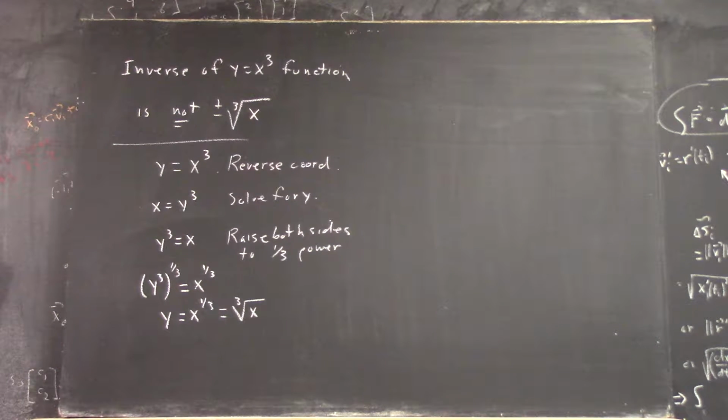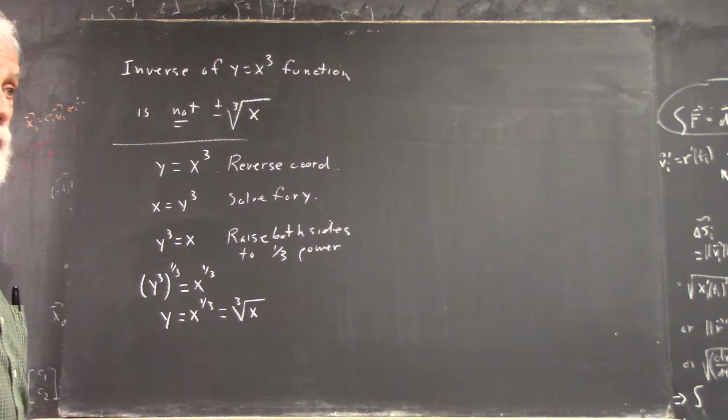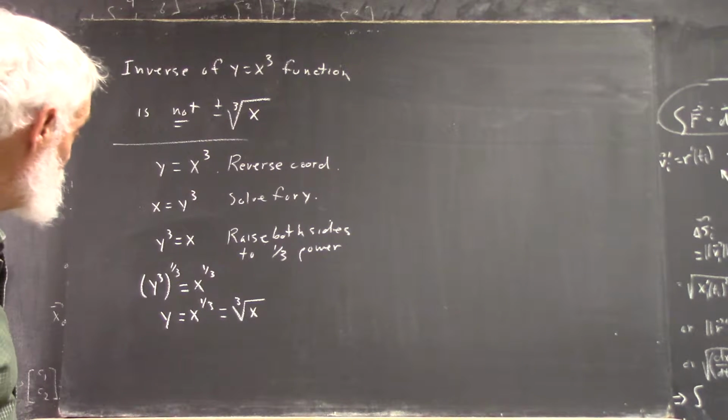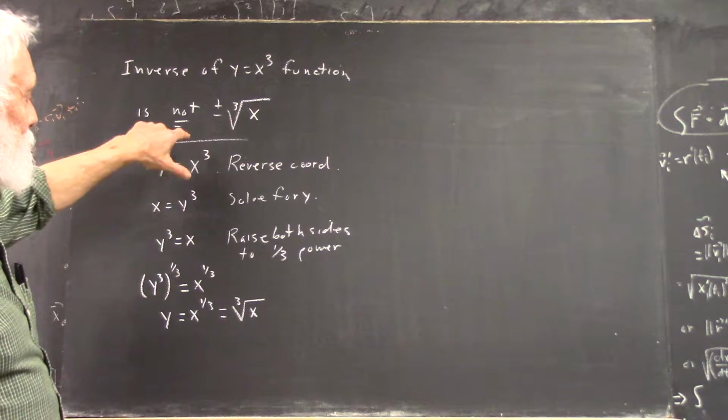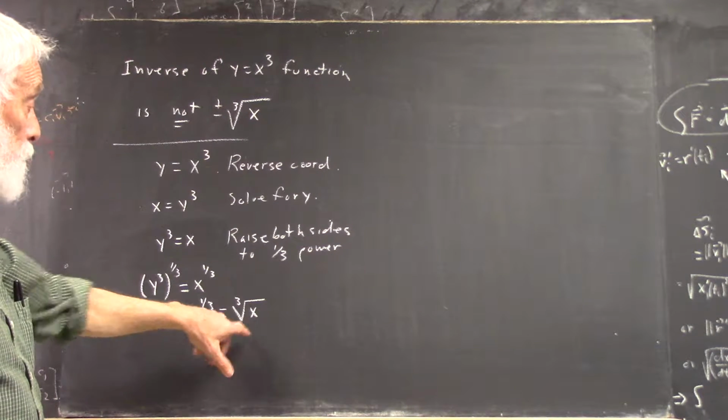Okay? Now, we also want to see why you have a plus or minus in the square root in terms of solution to the equation, okay? But we'll see it. Now, that's one instance.